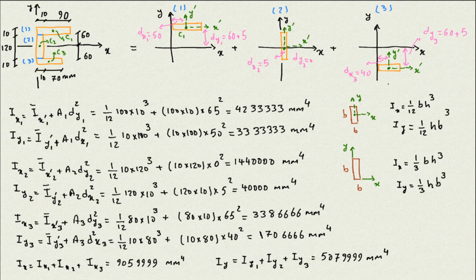And just to make sure we are not confusing them, let's put the prime here, and prime here. So these are the equations we have. In case we calculate the Iy2 from this equation, we could have used this equation directly instead of using the parallel axis theorem, because all of them have the base on the y-axis, so we could have used this equation as well.